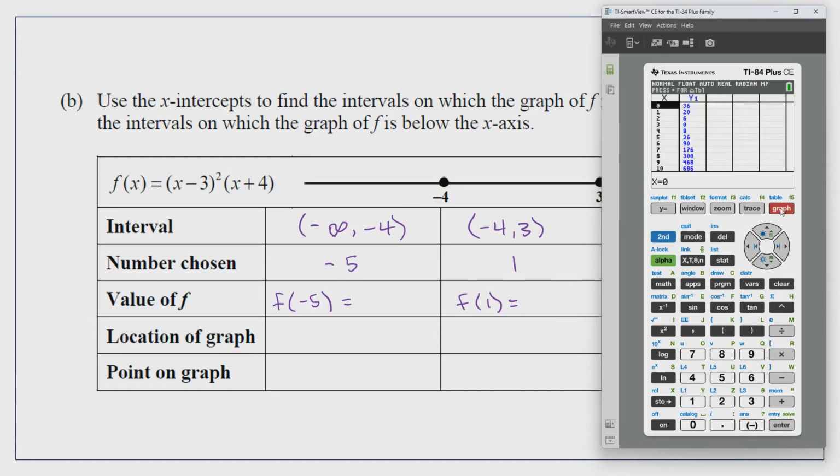So second graph. I need the y values for when x is -5, 1, and 4. So I'm going to scroll up here to -5, and I see that -5 has a y of -64. 1 has a y value of 20, and 4 has a y value of 8.